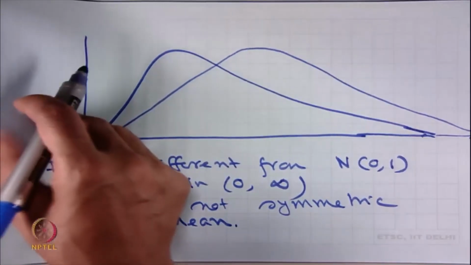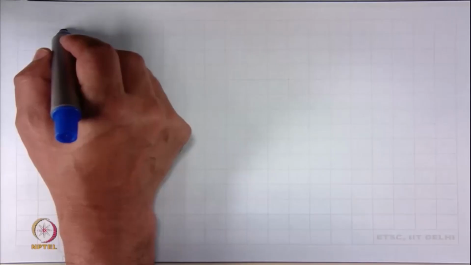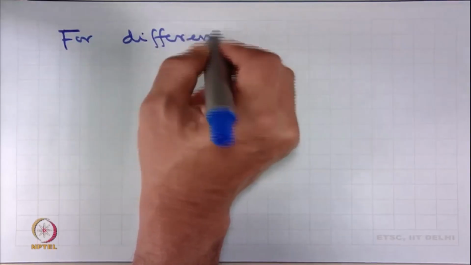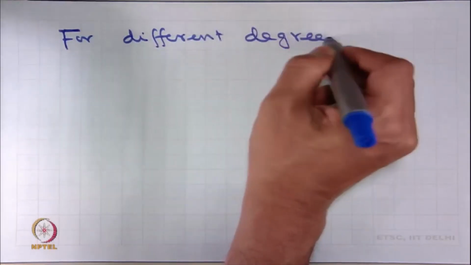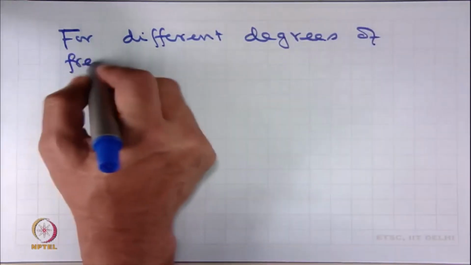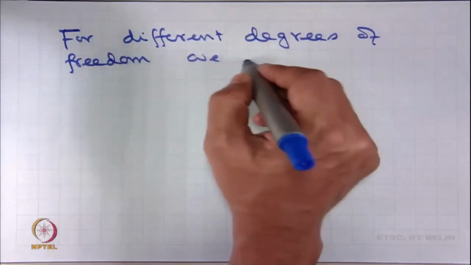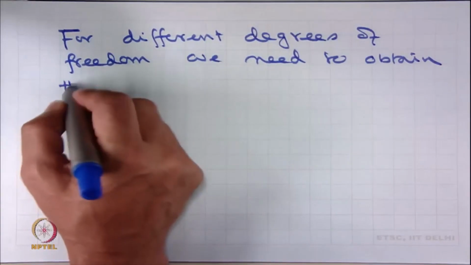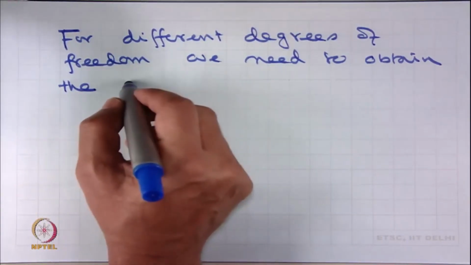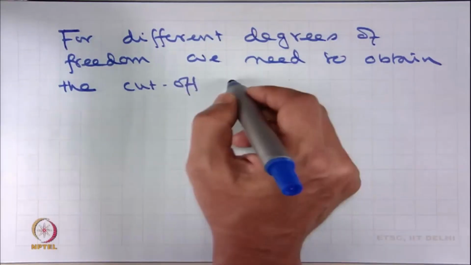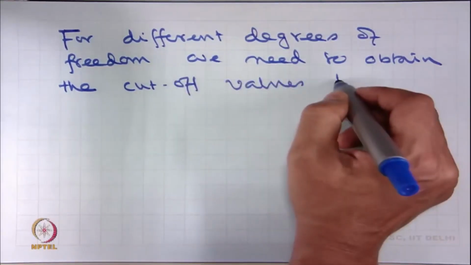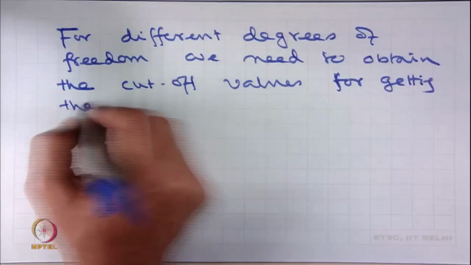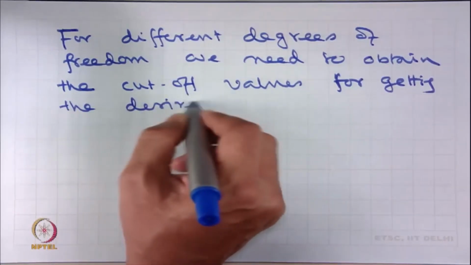Therefore, for different degrees of freedom, we need to obtain the cutoff values for getting the desired interval.